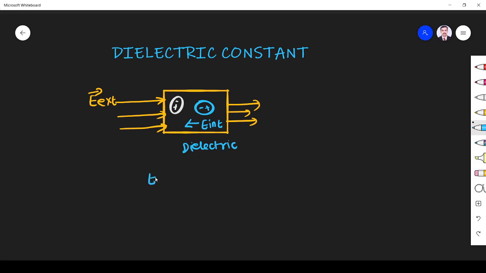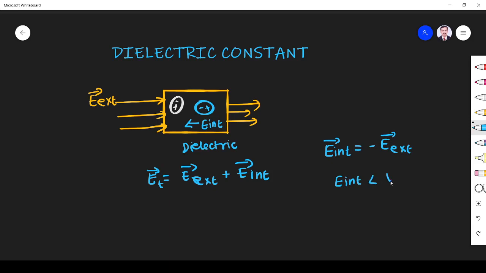So the total electric field in the dielectric is given by E total equals E external plus E internal. The internal electric field opposes the external electric field, so E internal is in the opposite direction of E external, and the magnitude of E internal is less than E external.